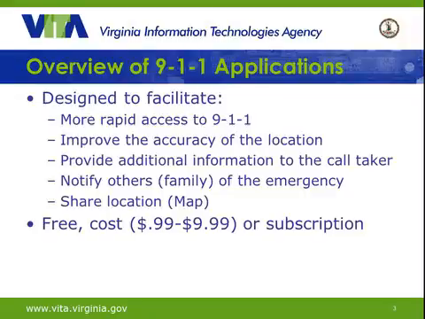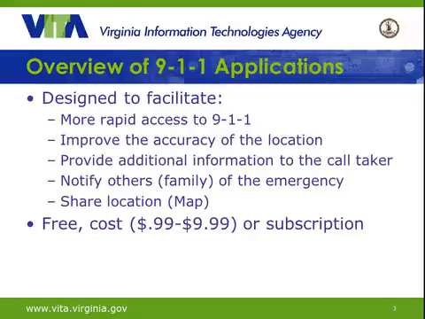And the costs run anywhere. The cheapest one I saw was 99 cents. And the most expensive one that I saw was $9.99. And then several of them had subscriptions along with it as well. The one we'll talk about a bit today, Rapid SOS, has a monthly subscription cost associated with it in order to continue to receive the service after an initial trial period.